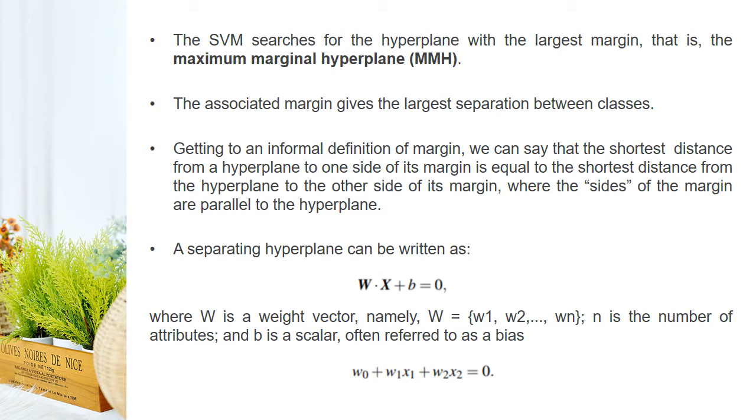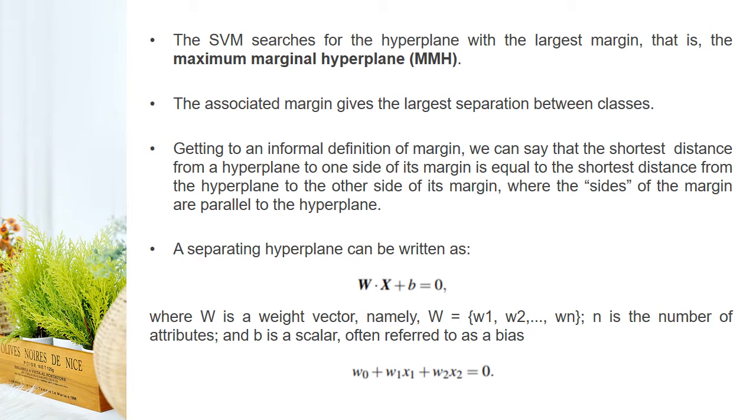SVM searches for the hyperplane with the largest margin, that is the maximum marginal hyperplane. We have to choose the hyperplane with the largest margin, which is known as the maximum marginal hyperplane, MMH. The associated margin gives the largest separation between classes.